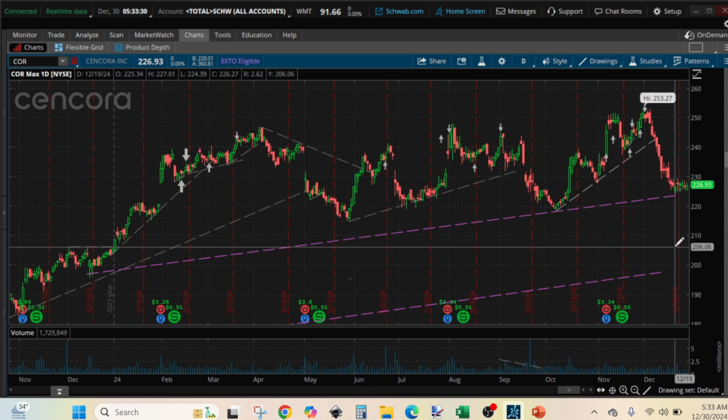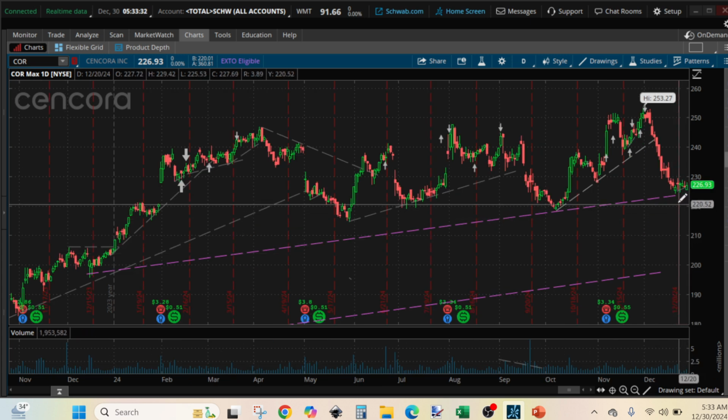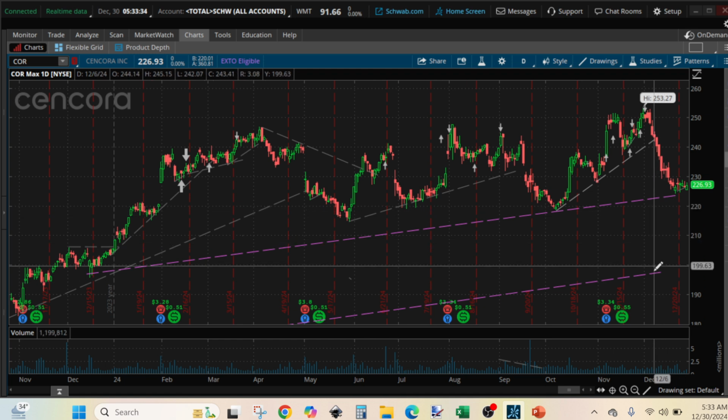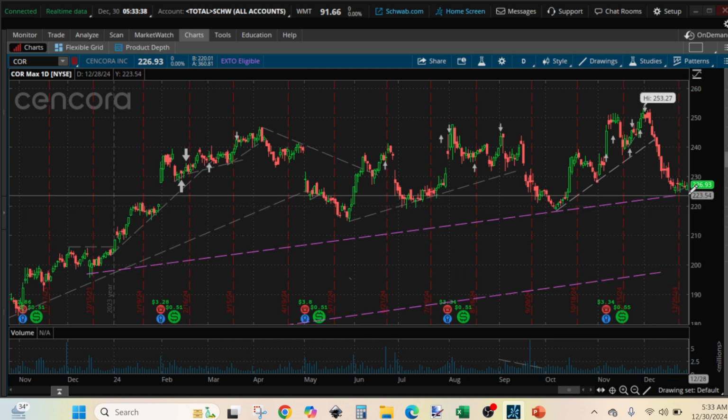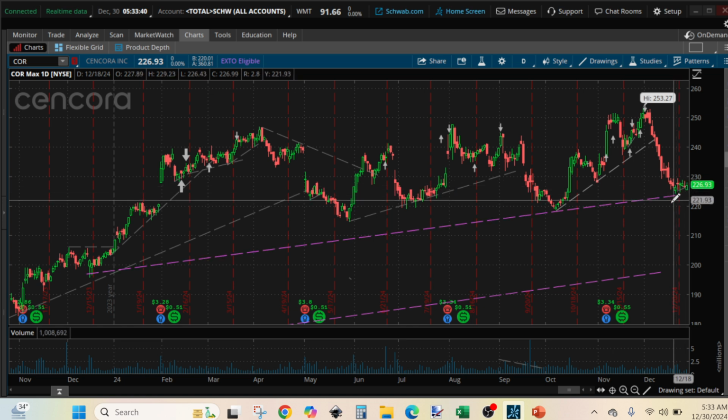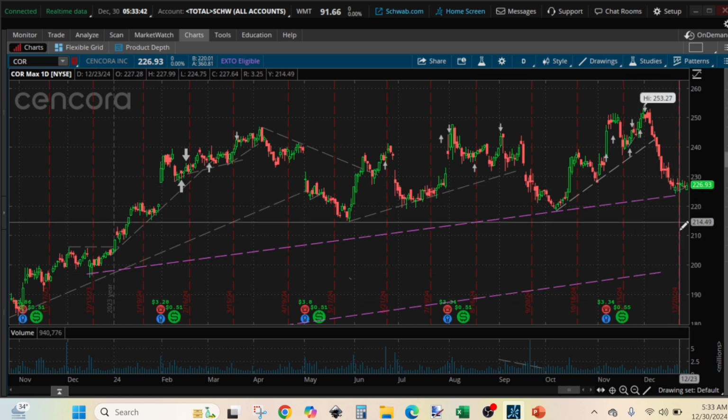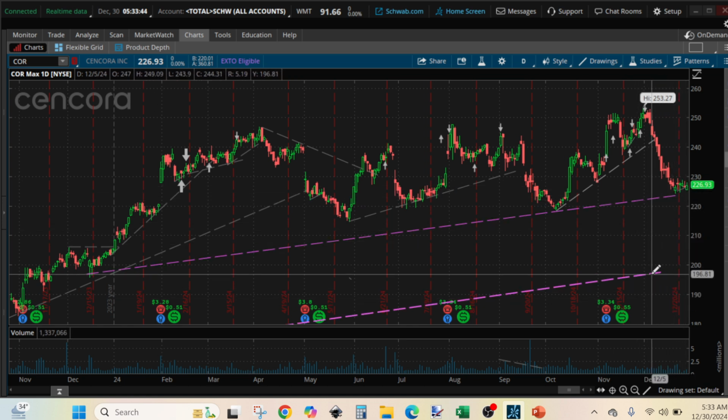And those two are where I like to buy. So if it's going to go up from here, I will buy from here. If it's going to continue going down, then I'll wait to buy here.